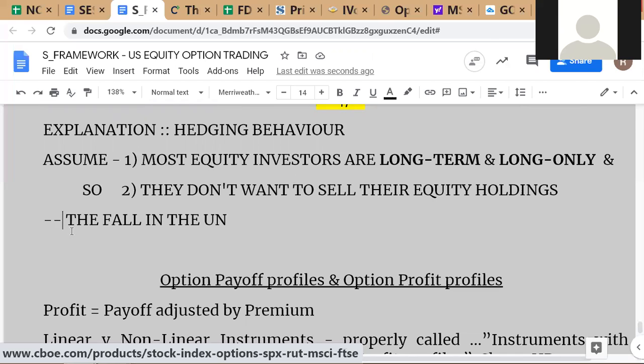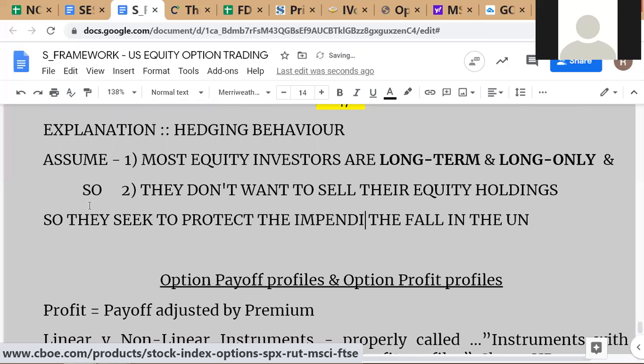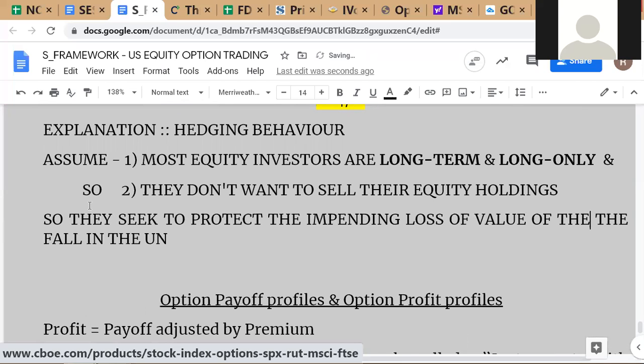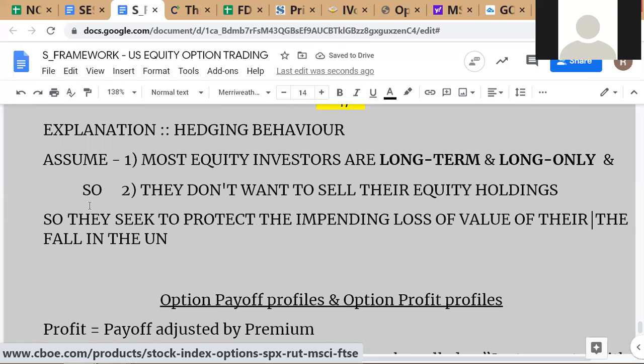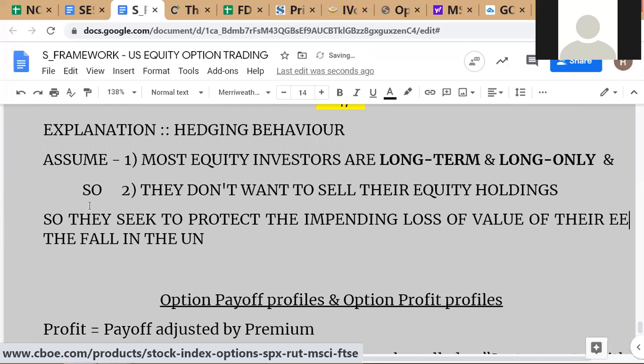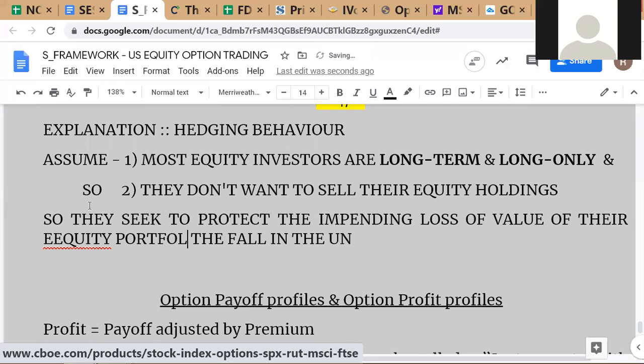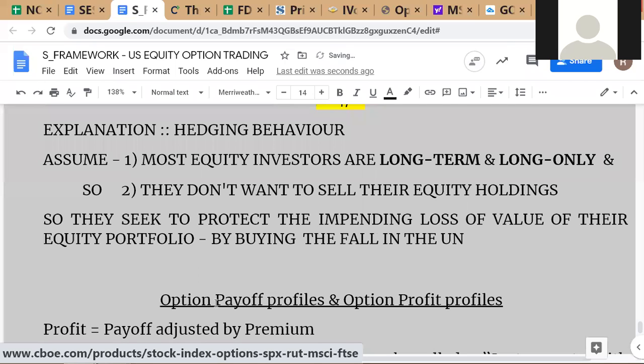So they seek to protect against the impending loss of value of their equity portfolio by buying put options.